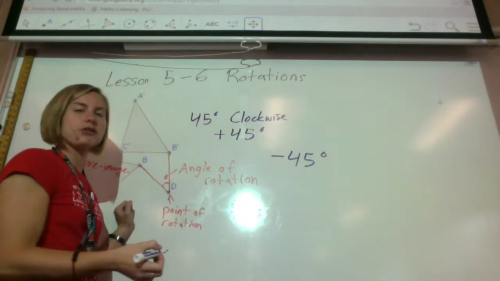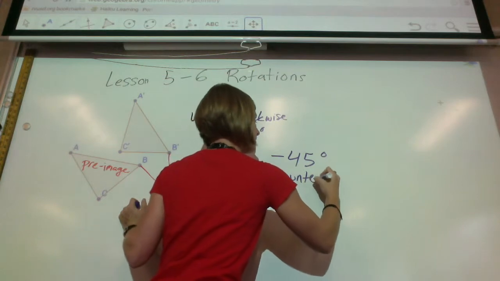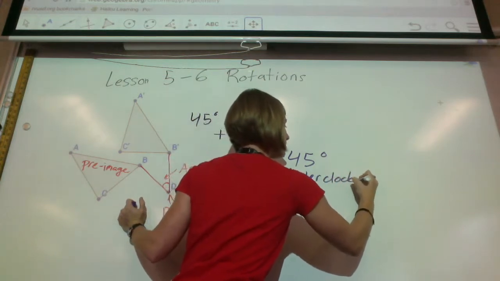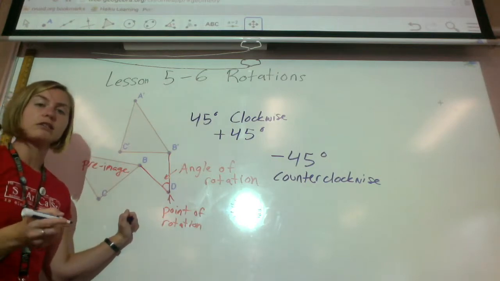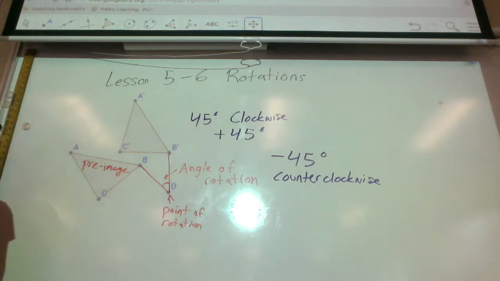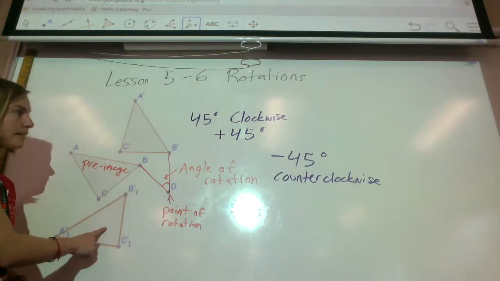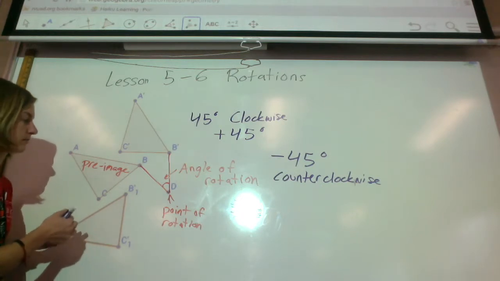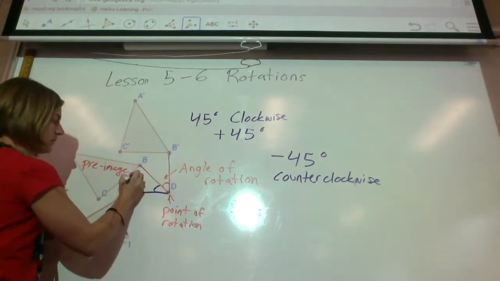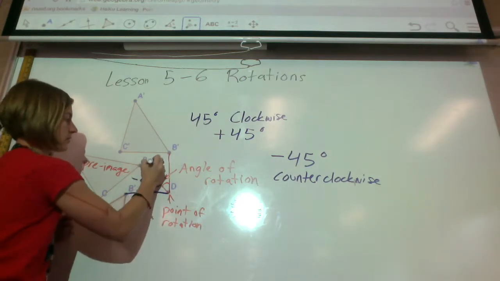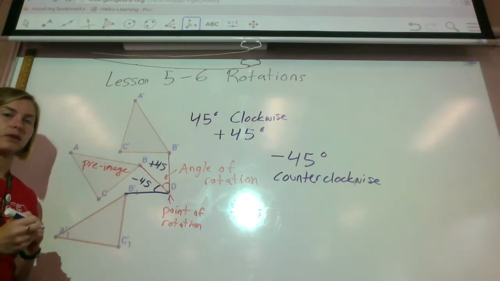That means just 45 degrees counterclockwise. Let's take a look at what that would look like. Here in our second one, this was the negative 45. This one's our negative 45, and this one's our positive 45 rotation.